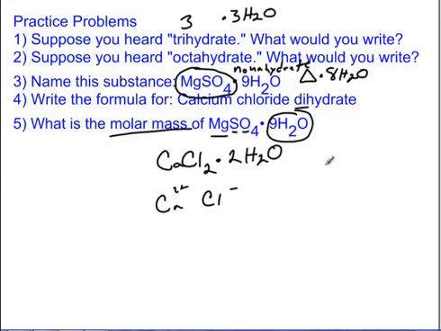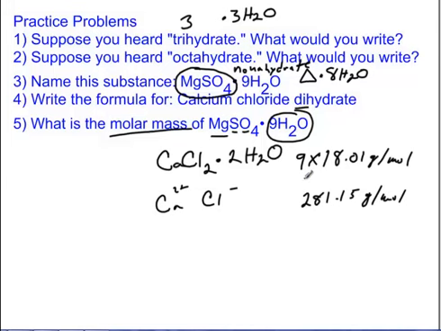If the mass of water is 18.01 grams per mole, then whatever the weight of magnesium sulfate is, I would multiply this 18 by 9, and I would get a total weight. I think I've got it written down here: 281.15 grams per mole is the weight. So the thing that's important is, however many waters, you've got to add those 18s.